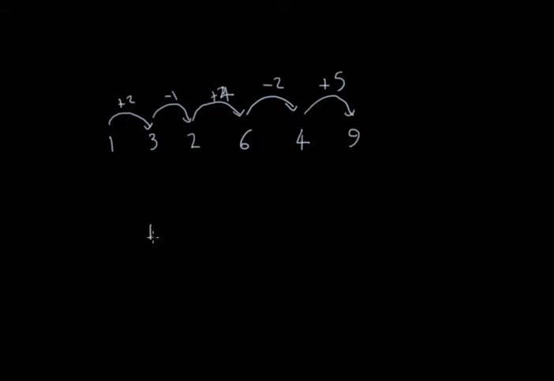So let's do something a bit different. Let's rewrite this sequence: 1, 3, 2, 6, 4, 9, and we're going to skip and do alternate terms. So 1 to 2 is 1 times 2 is 2. Then 3, 2, 6.